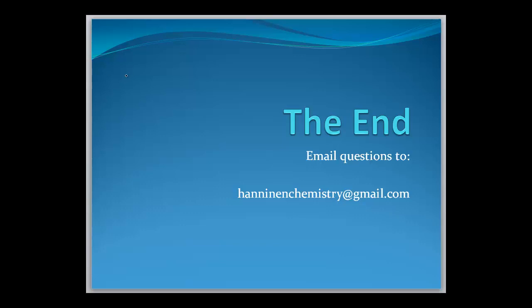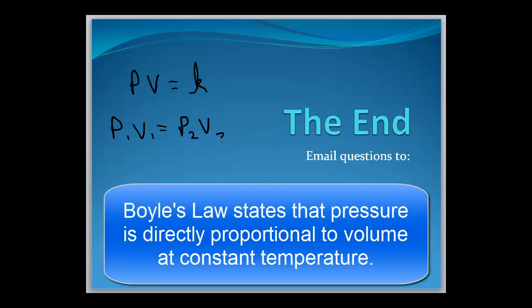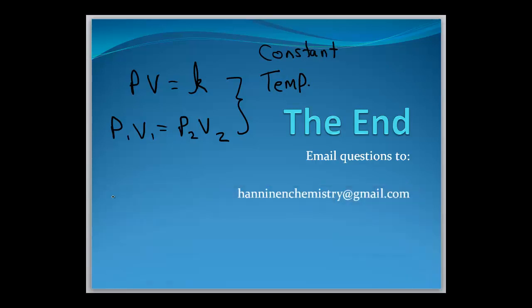And Boyle's law can be summarized two ways. Pressure times volume is equal to a constant, or we could say P1V1 is equal to P2V2. You just want to remember a couple of things. This relationship works when you're at constant temperature, so let's write constant temperature, and you want to make sure that your units are consistent.